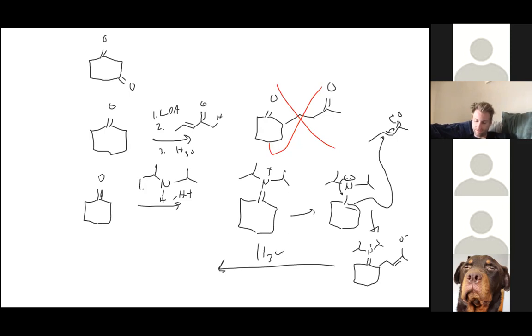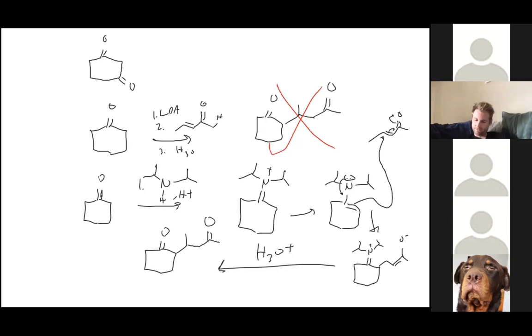We're going to get rid of the imine here, as well as protonate our ketone to give us our desired product from these reactions.